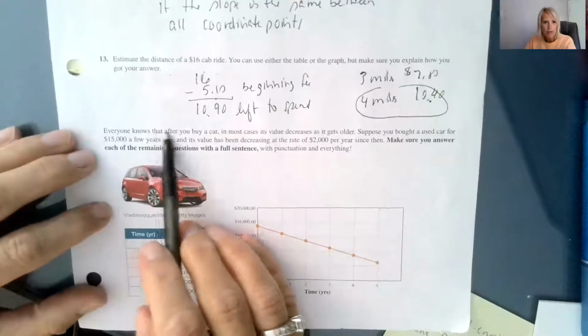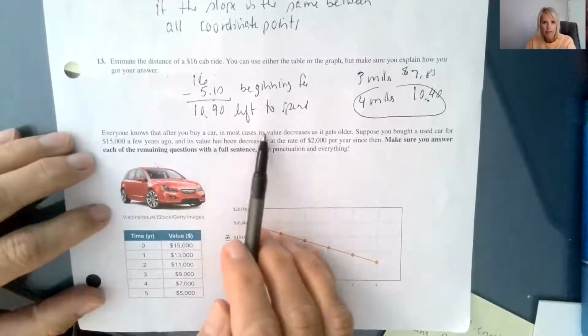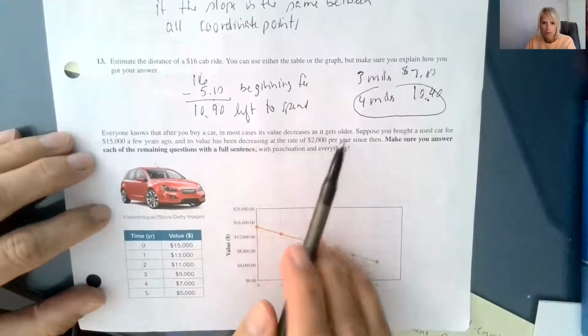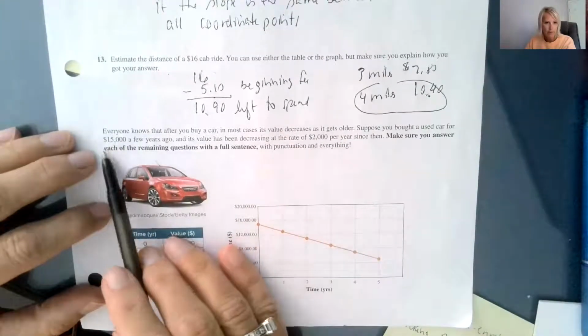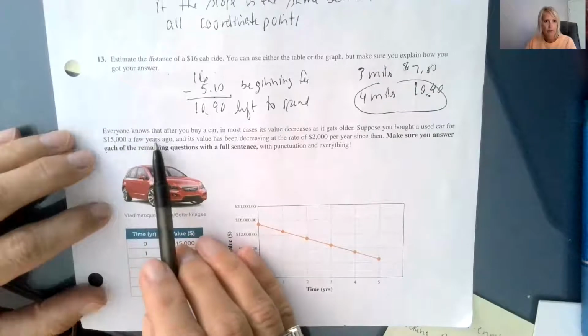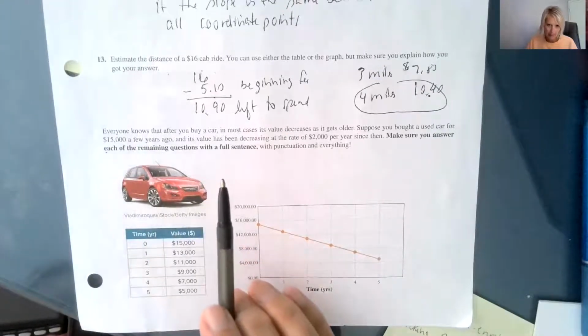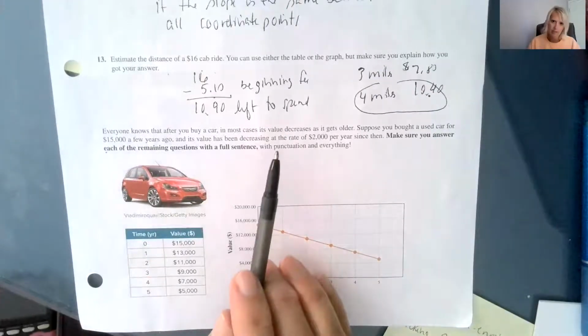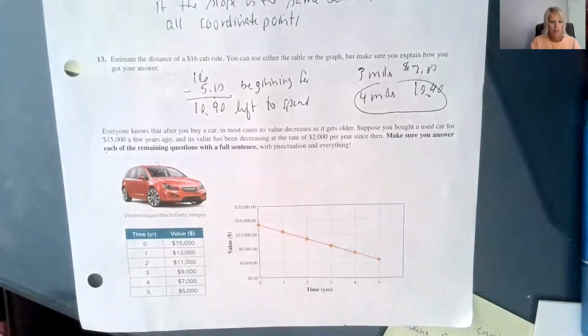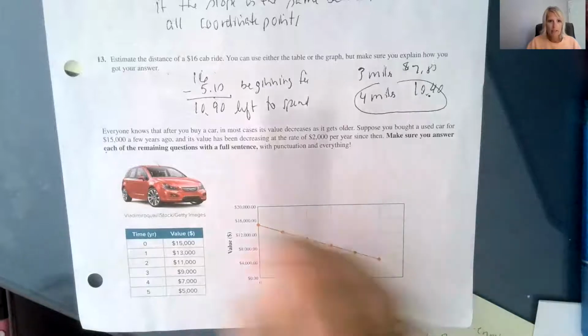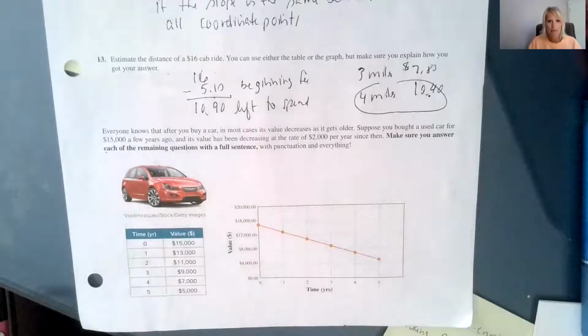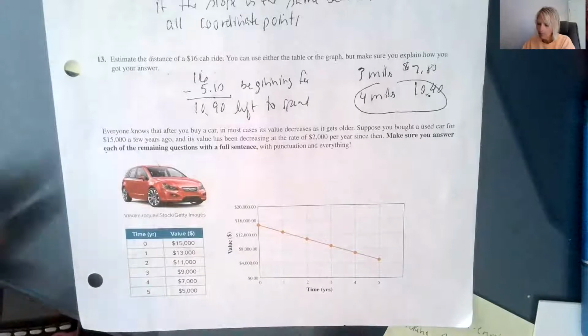It says everyone knows that after you buy a car, in most cases, its value decreases as it gets older. Suppose you bought a used car for $15,000 a few years ago, and its value has been decreasing at the rate of $2,000 per year since then. Make sure you answer each of the remaining questions with a full sentence, with punctuation and everything.